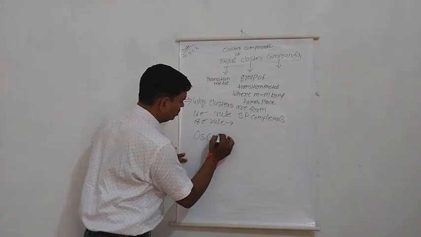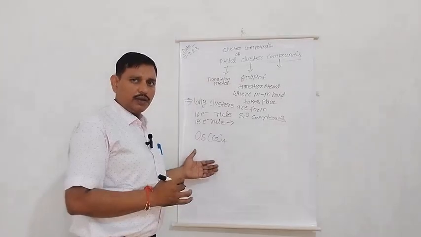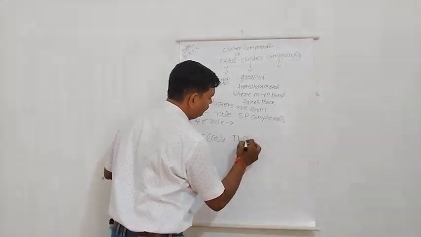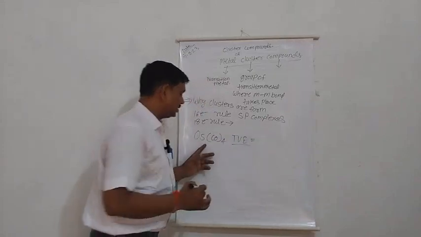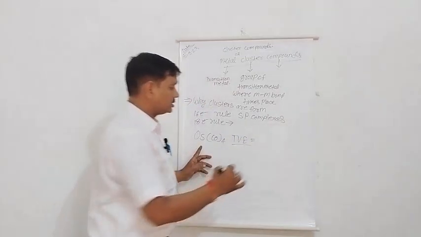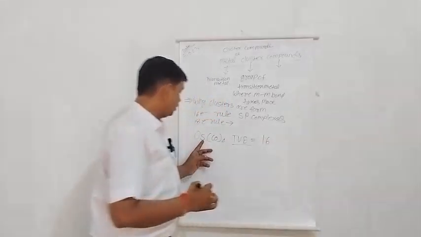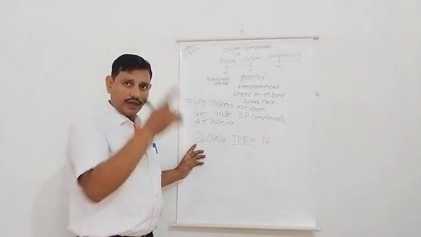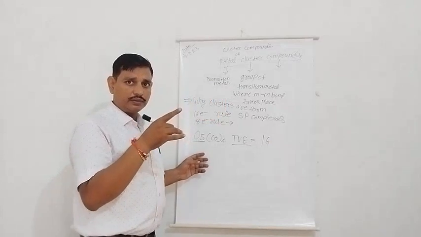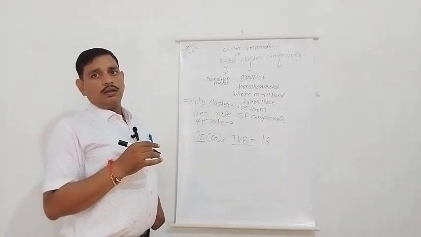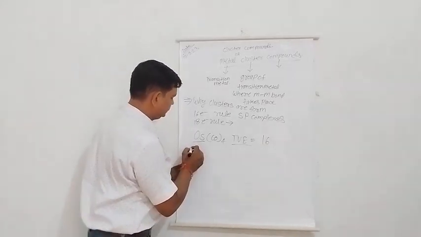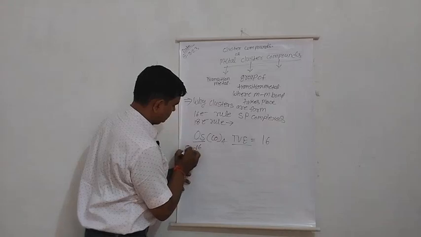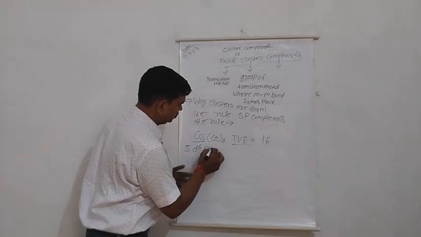For example, if we take the example of Os(CO)4, if we see its electronic configuration, our total valence electron, TVE. If we calculate it, the total valence electron is 16. How? You know very well osmium has 8 valence electrons because osmium is an 8th group metal, 5d6 6s2.